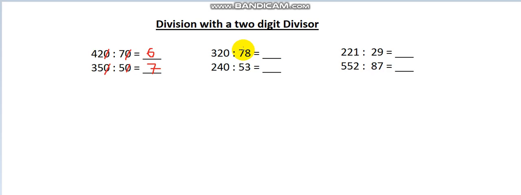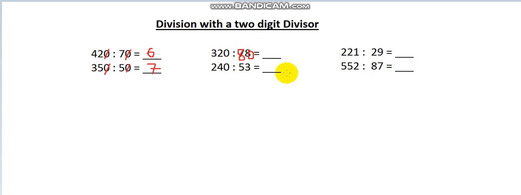I do this because I'm trying to figure out how many times 78 fits into 320. So to treat 78 as a number that's really close to it, such as 80, won't change my result most likely. So I treat 78 as if it's an 80.